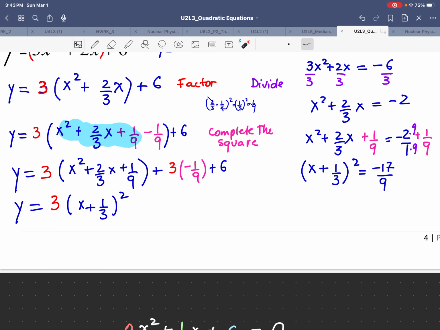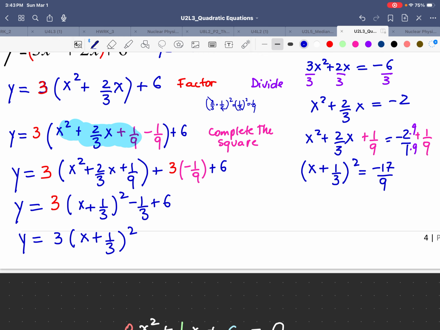And we're going to simplify this bunch of terms in here. 3 and 9 simplifies to negative 1 over 3, and then plus 6. And we go all the way to (x plus 1 over 3) squared, and then negative 1/3 and 6, we multiply by 3 here. 18 minus 1 is 17, and then over 3, and we're done here. We converted this to vertex form.